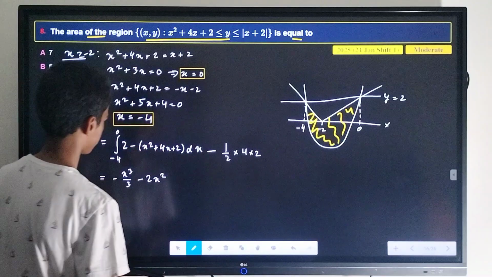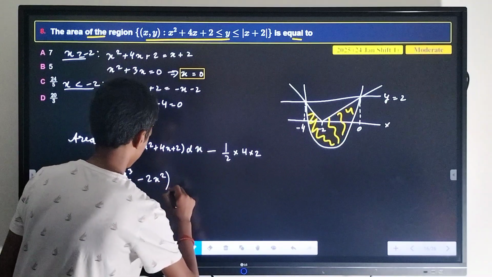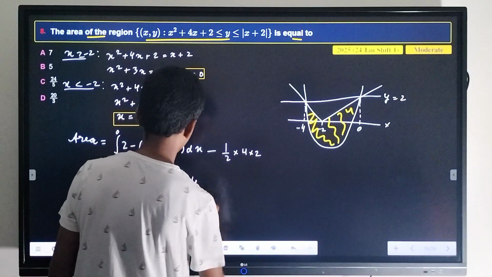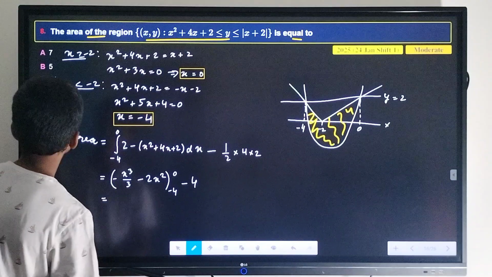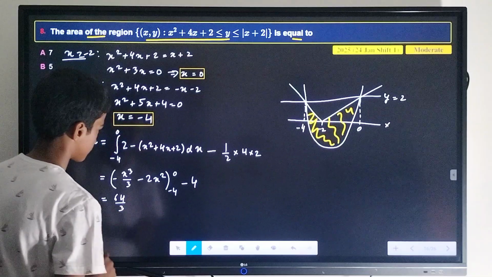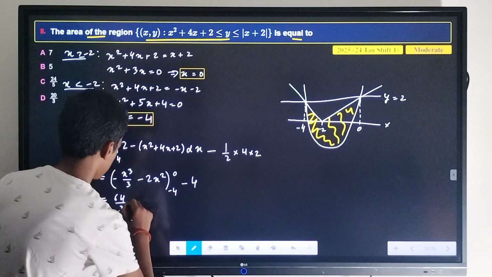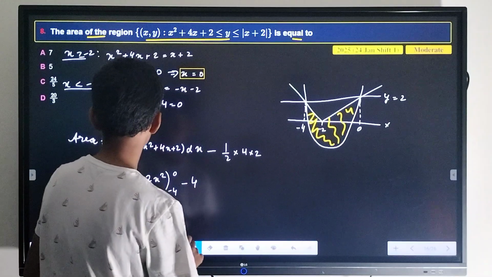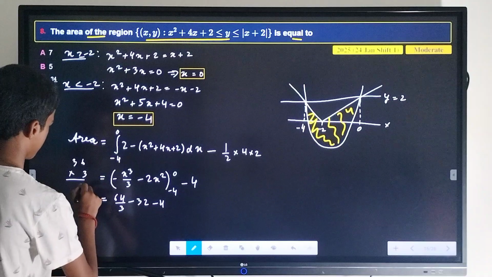Minus 2x square from -4 to 0, minus 4. When we put -4, we will get 64 upon 3 minus 32 minus 4.